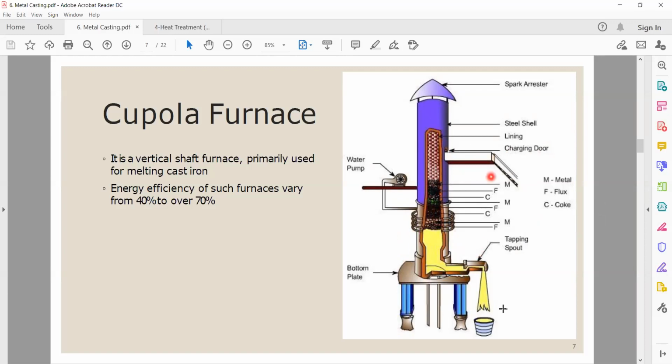Then you can get the liquid form of the metal using this tap. Right? So one main difference of cupola and crucible furnace: what items can you melt using this furnace, and what's the energy efficiency comparison, right?